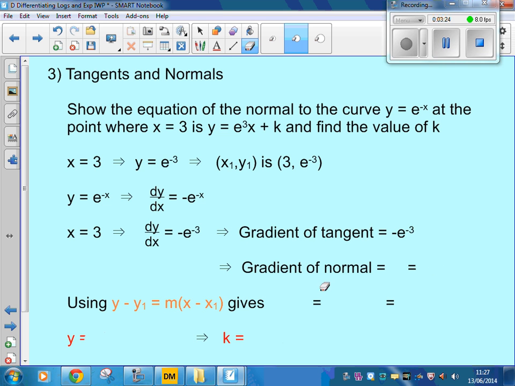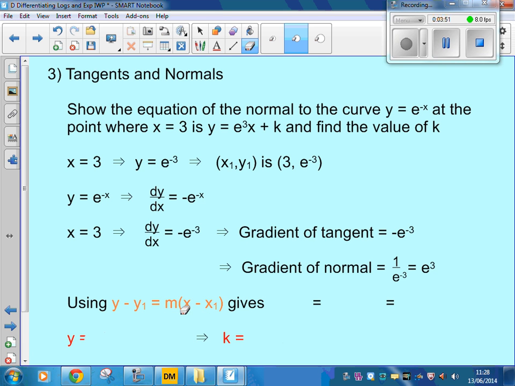For the normal, you use the negative reciprocal, so it's going to be the negative of 1 over this. Well, the negative divided by a negative becomes a positive, so you're left with 1 over e to the minus 3. And then, just the same as e to the minus 3 is 1 over e cubed, 1 over e to the minus 3 equals e cubed.